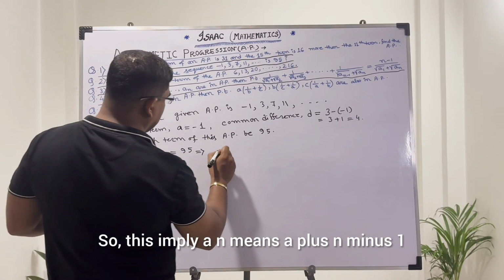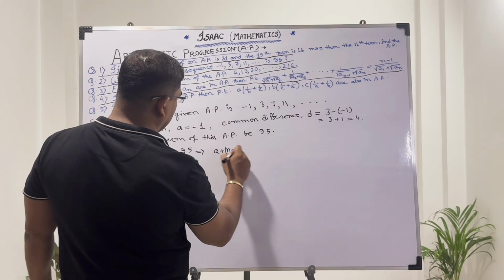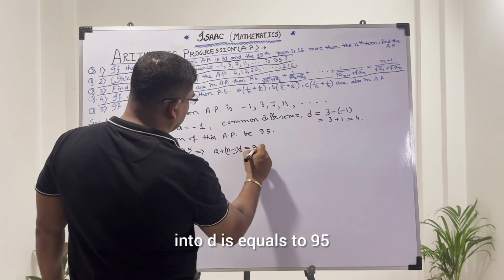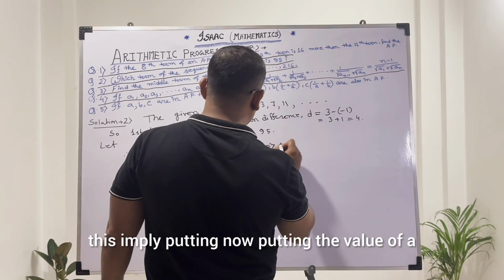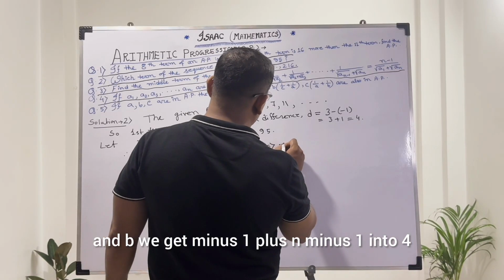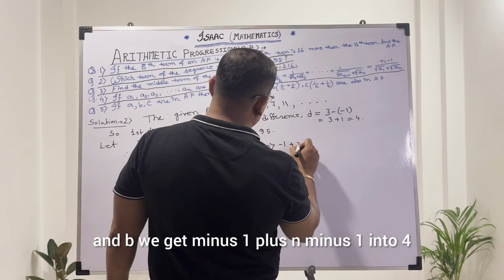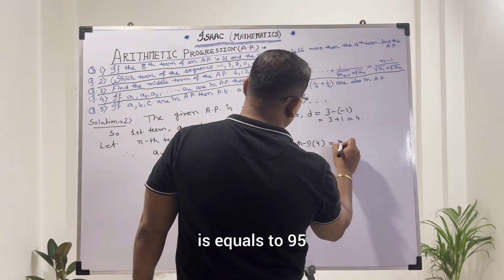So this implies a plus (n minus 1) into d equals 95. Putting the values of a and d, we get minus 1 plus (n minus 1) into 4 equals 95.